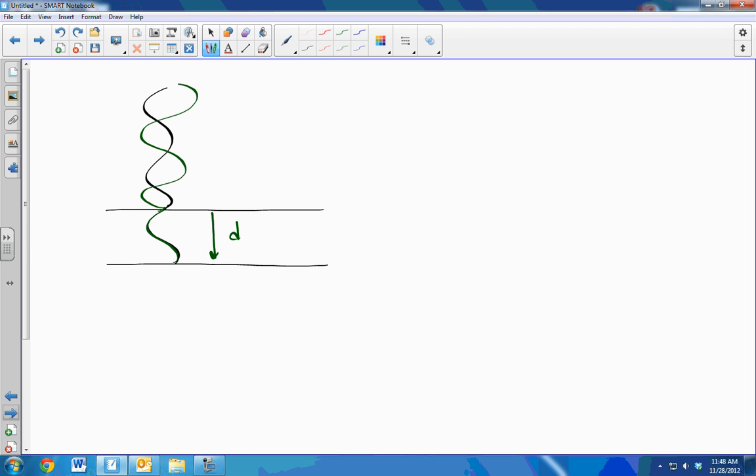And there's the distance d. Now, if d, in this case, is a full wavelength, we have destructive interference. How thick does d need to be in terms of lambda?